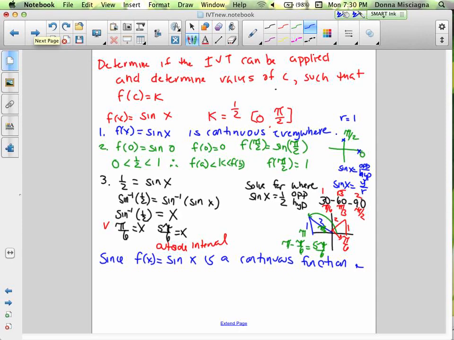So f of a is less than k is less than f of b. Instead of as shown above, I'm just going to put since 0, sometimes I write it this way instead, 0 is less than 1/2 is less than 1.